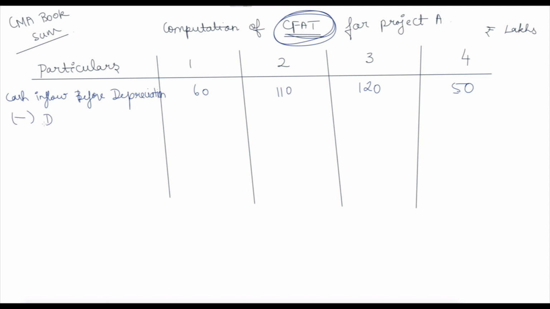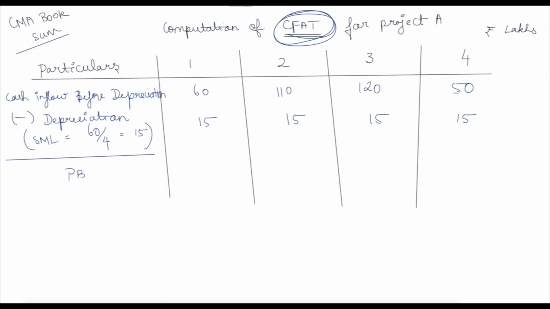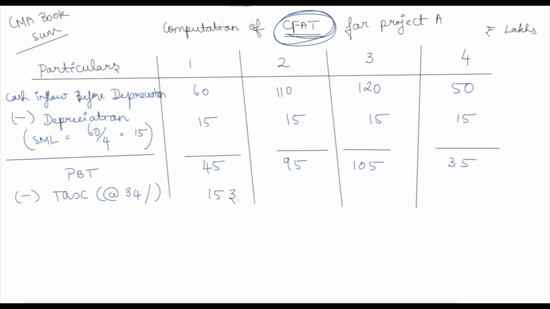Here you may be confused, depreciation is nothing but you should be taking the investment value, so it is the same for all the years. So I will be getting profit before tax, it is 45, 95, 105, 35. So again your tax is at 34%, rounded off to 34%. Okay, so if I compute the same, I will be getting this.